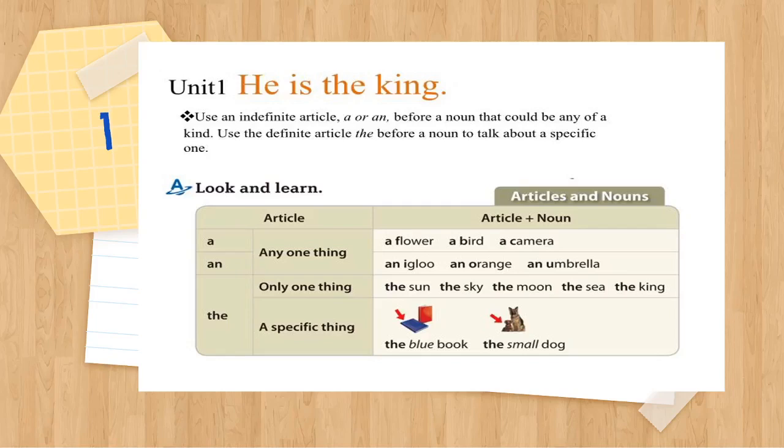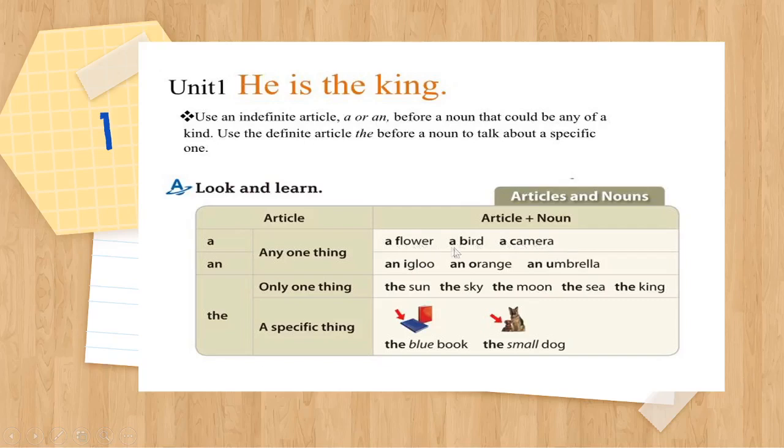And we use a with consonants, right? So if the letter is a consonant, like F, B, C, Z, X, T or S, you can use a. Here the teacher will show it to you: a flower, a bird, a camera.